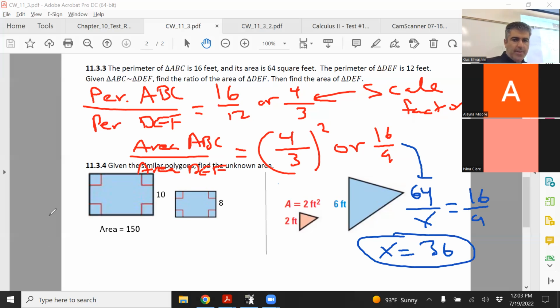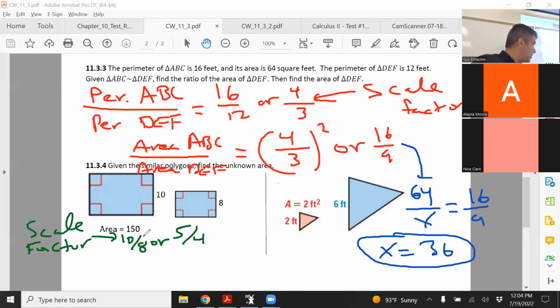So the scale factor here is 10 to 8, or 5/4. Okay. So you're going to say this.